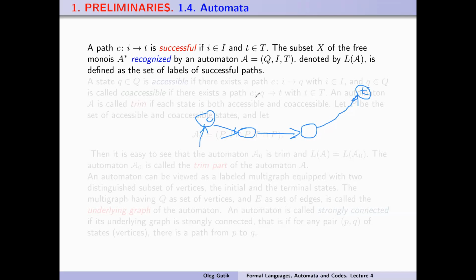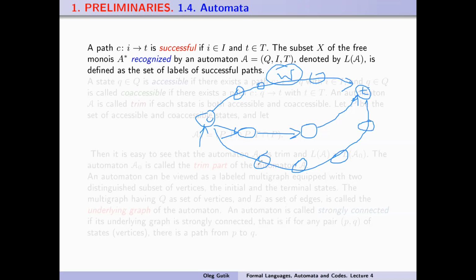So if we have a path from an initial state to a final state, denoted by a word w, then this word belongs to X. There may be another path, maybe with loops here, with w1 and so on.